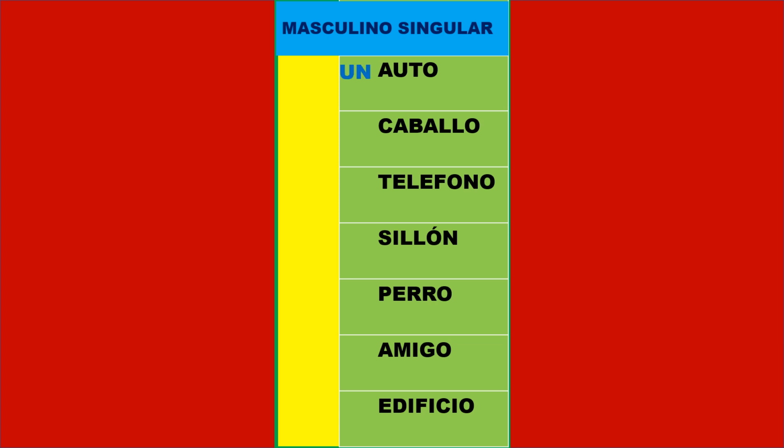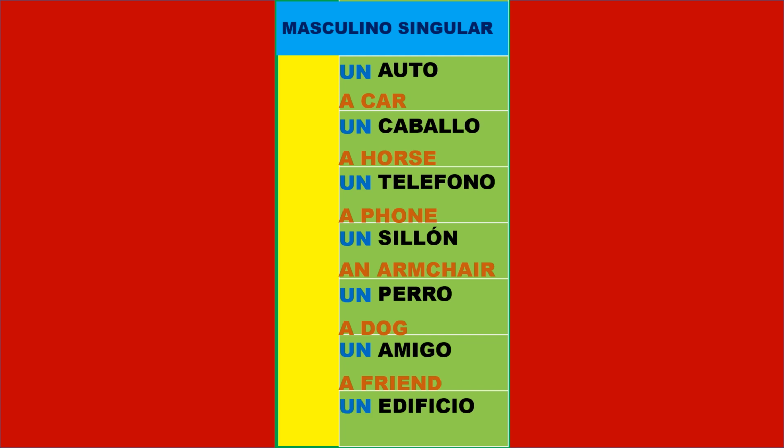So we use un auto, un caballo, un teléfono, un sillón, un perro, un amigo, un edificio. Okay, all of them are masculino singular, masculine.